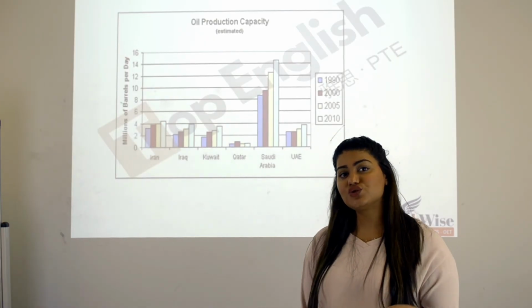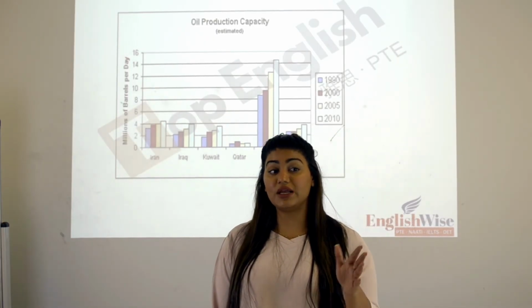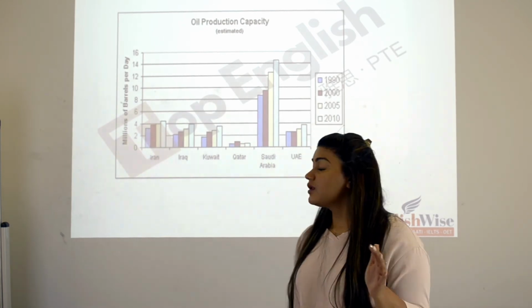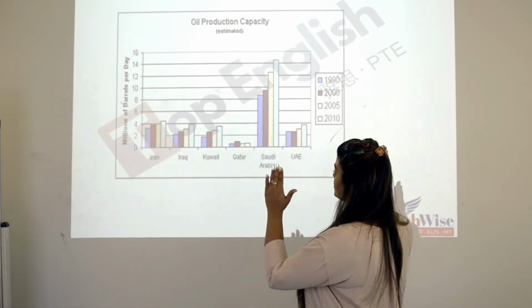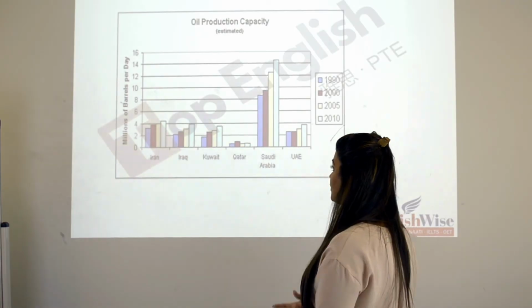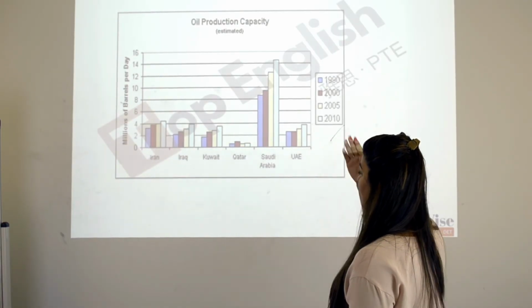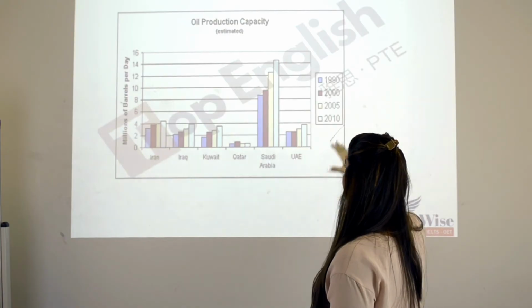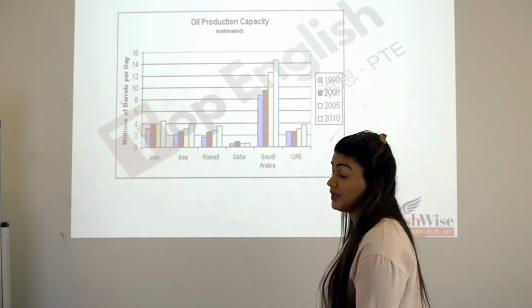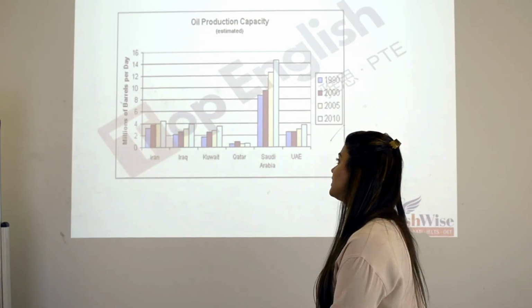So please don't waste those 25 seconds in reading out your template. In those 25 seconds, you're just going to read the image. So you can see a bar graph over here, which is oil production capacity, x-axis, y-axis, different countries, there are different colors as well. Okay, so you're going to speak something like this.